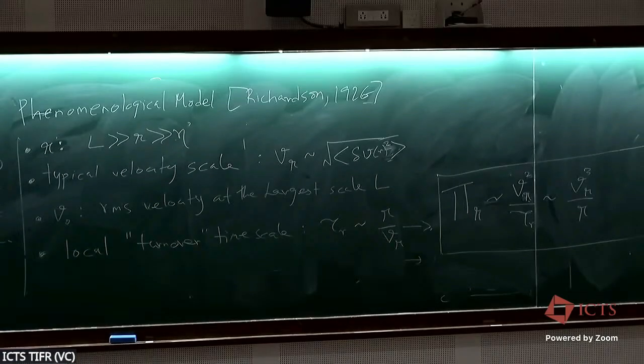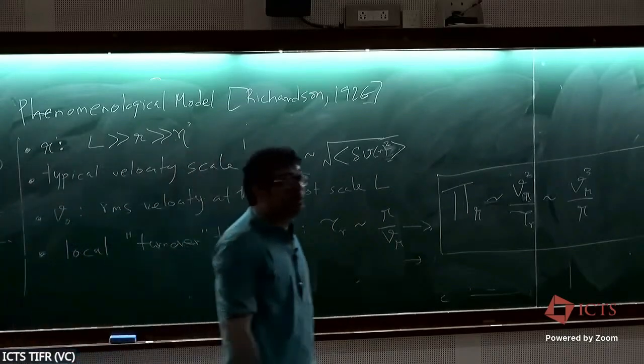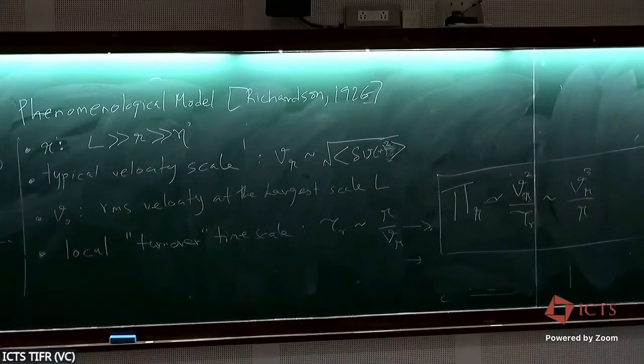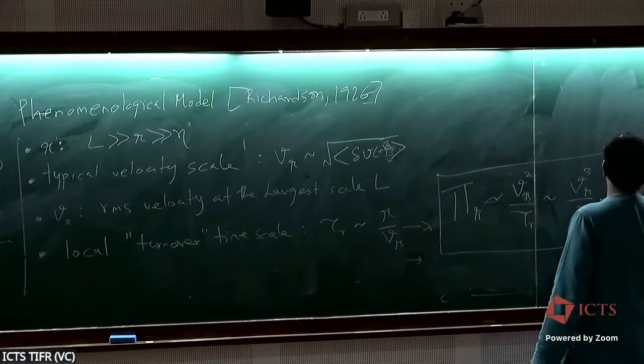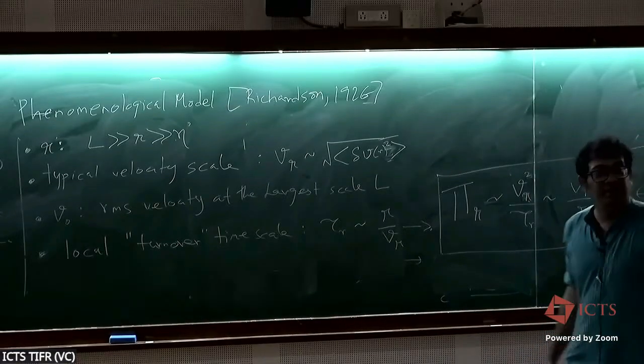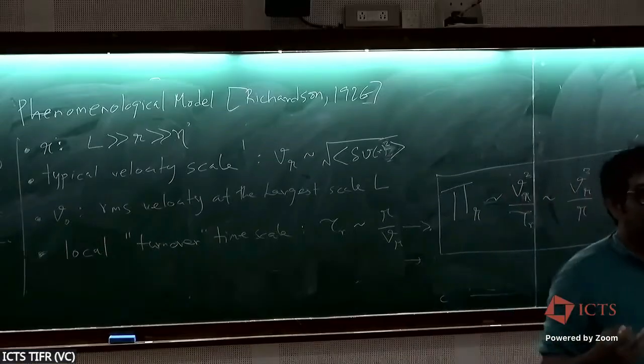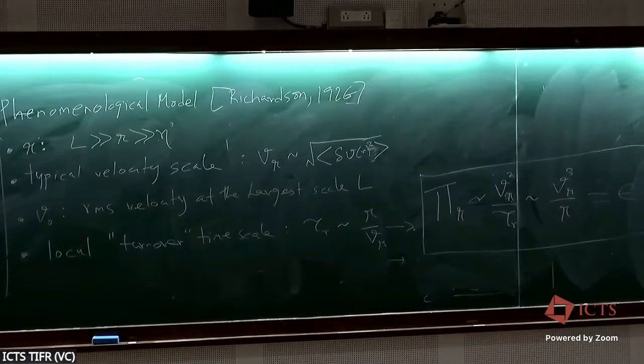So now we know from experiments, we know from what we did in the first part of today's lecture, that this will be equal to epsilon. This is what we began with. Remember, we had that boxed equation which followed from Navier-Stokes, that under statistically stationary conditions, you have the injection balanced by dissipation, but then you needed something to take the energy from the large scales to the small scales, and we call that pi.